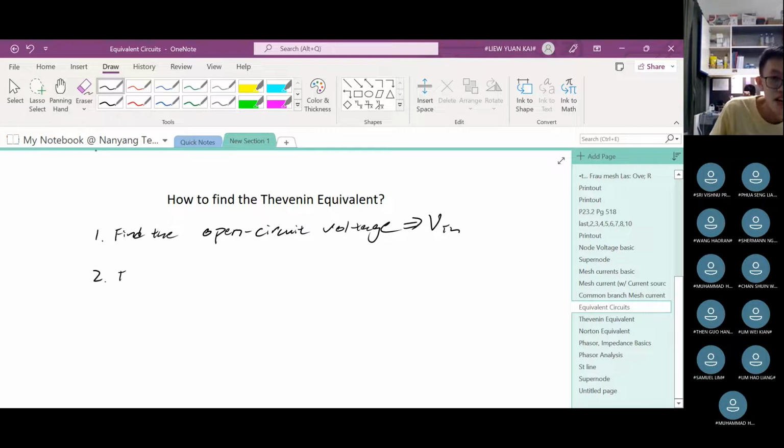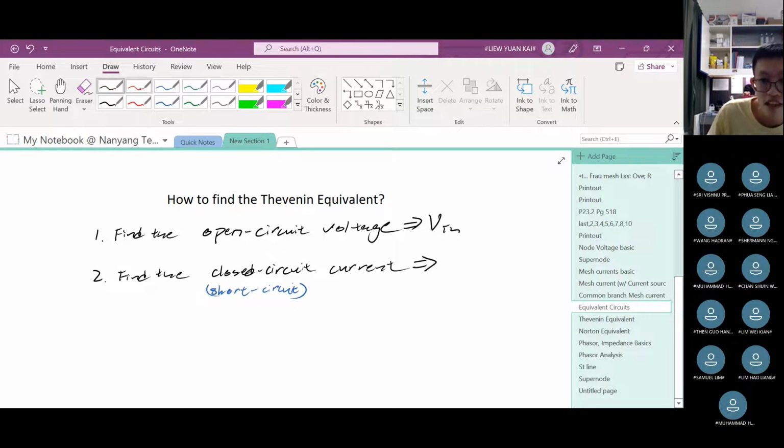Number two, find the closed circuit current. Or actually, sometimes we call this short circuit current. Properly it's called short circuit current. Number three.